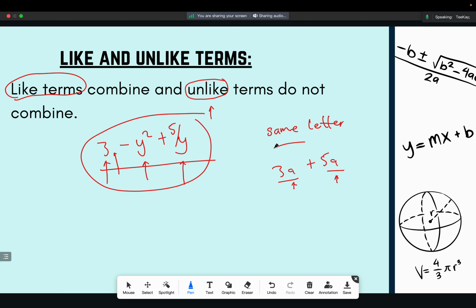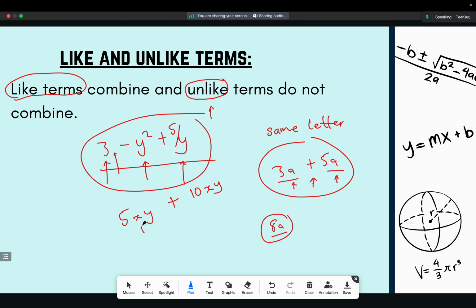So if you have terms like this, you can add them. You can add 3a plus 5a to get 8a. So these are like terms. So what you see here is like terms can combine. You can combine them, you can add them, you can subtract them, and you can also have maybe 5xy plus maybe 10xy.